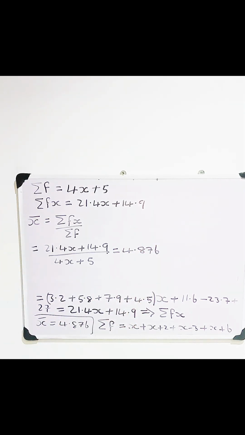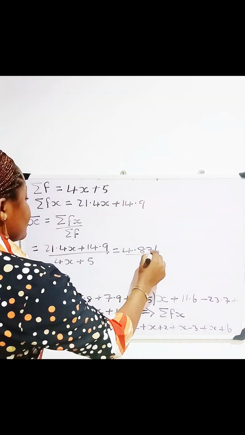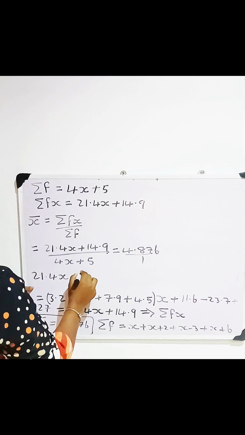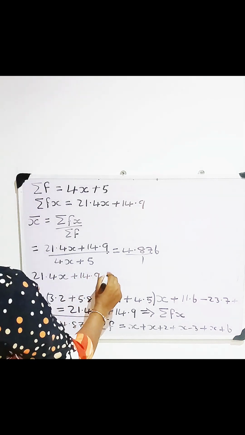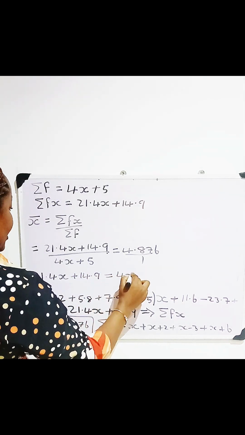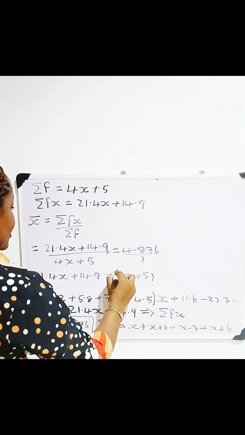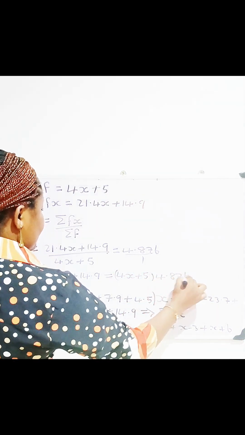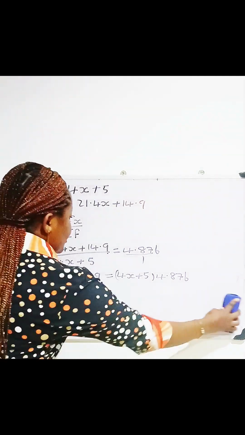Remember, we are looking for x. We can simplify this for x. So let's cross multiply. We have 21.4x plus 14.9 equal to 4x plus 5 times 4.876.